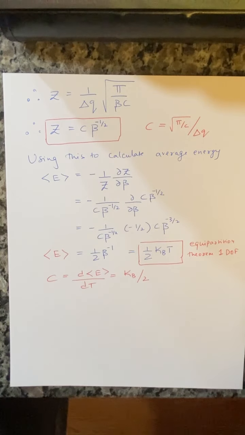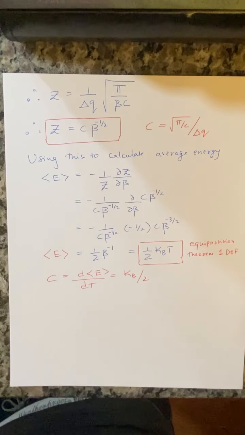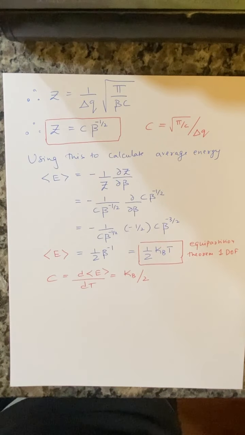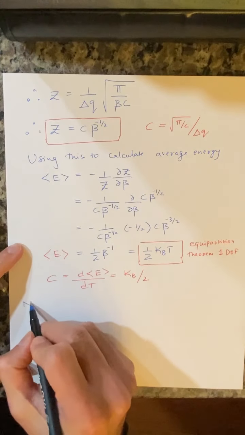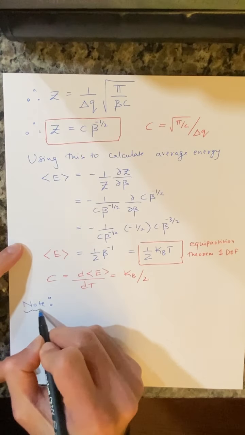Think about the Einstein solid case in the past. We saw that in that case the equipartition theorem only holds in the high temperature regime, where many states are contributing, and therefore the spacing of the states is not important. So don't forget that. I would like to make a note here. This is fundamental and important.